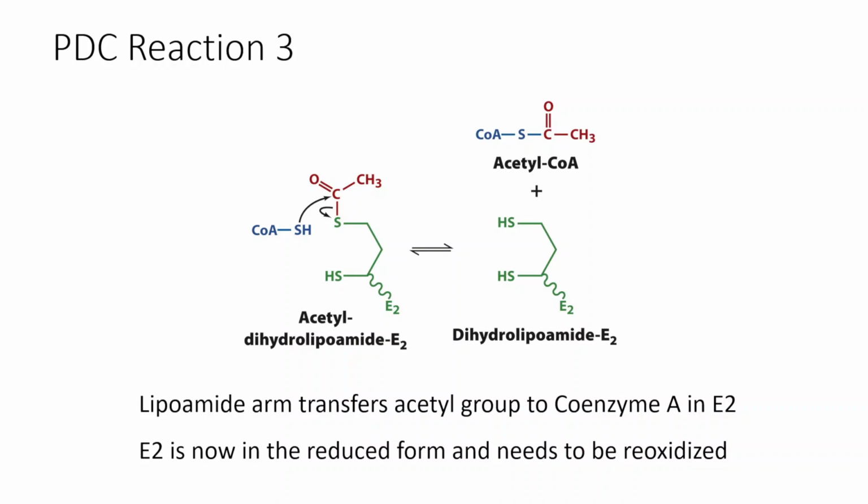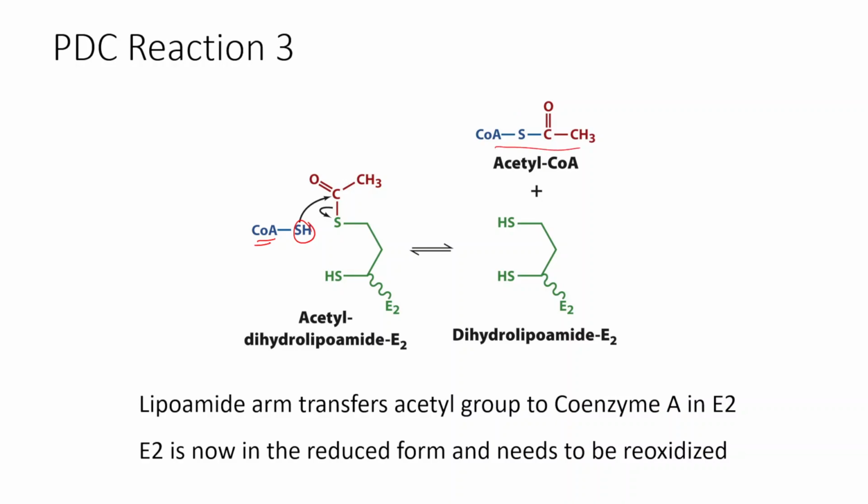Now the lipoamide arm returns to the active site of the E1 subunit. In the active site, there is a coenzyme A. The coenzyme A is in the reduced form, which is indicated here by the SH. So this is just a regular coenzyme A, written as CoA-SH as an indication that it's reduced. And it's able to attack the acetyl group to form a nice little bond here where we've formed an acetyl-CoA.